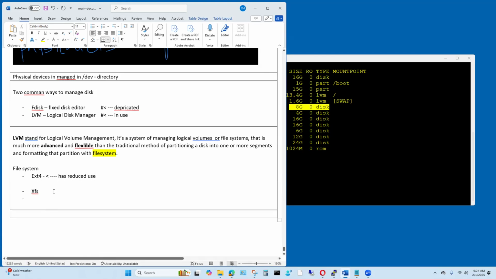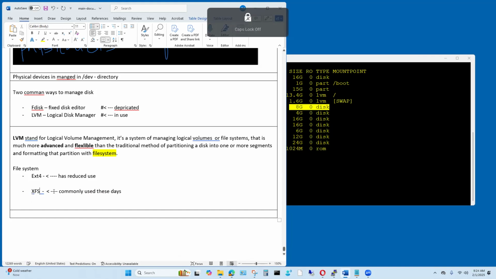XFS is commonly used everywhere these days. I think there is another file system out there, but I'm not sure. I'm not worried about that, but ext4 is still being used as of this moment.